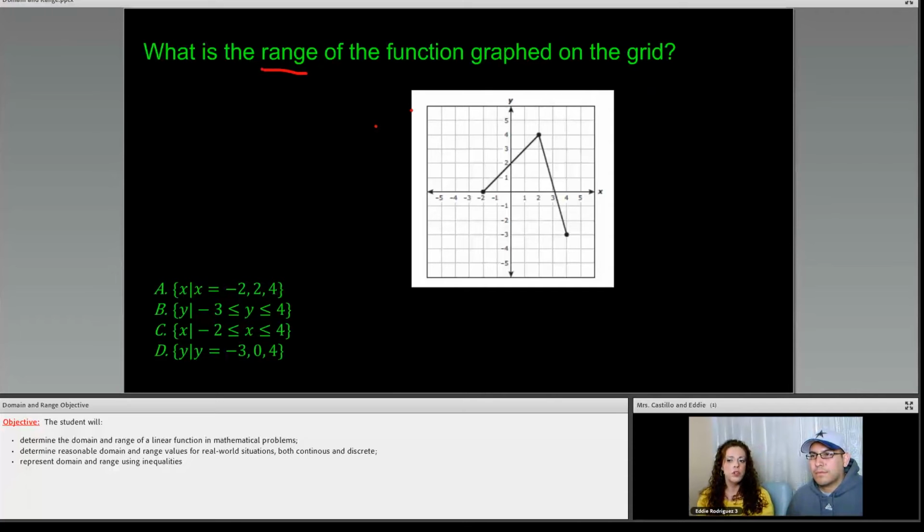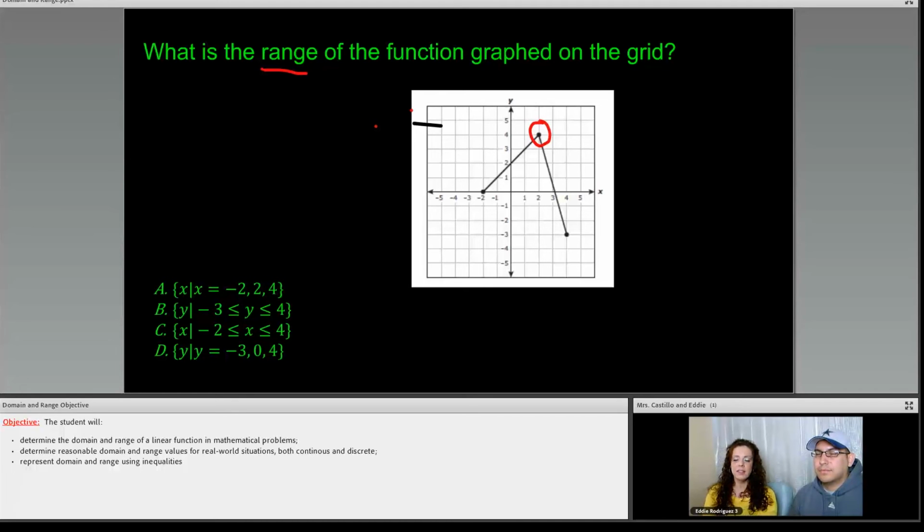From the graph, what is the highest point of the graph? I see 4 as the highest part of the graph. 4. Very good. So from the 4, you can scroll horizontally straight to the y-axis and see that it is at 4.